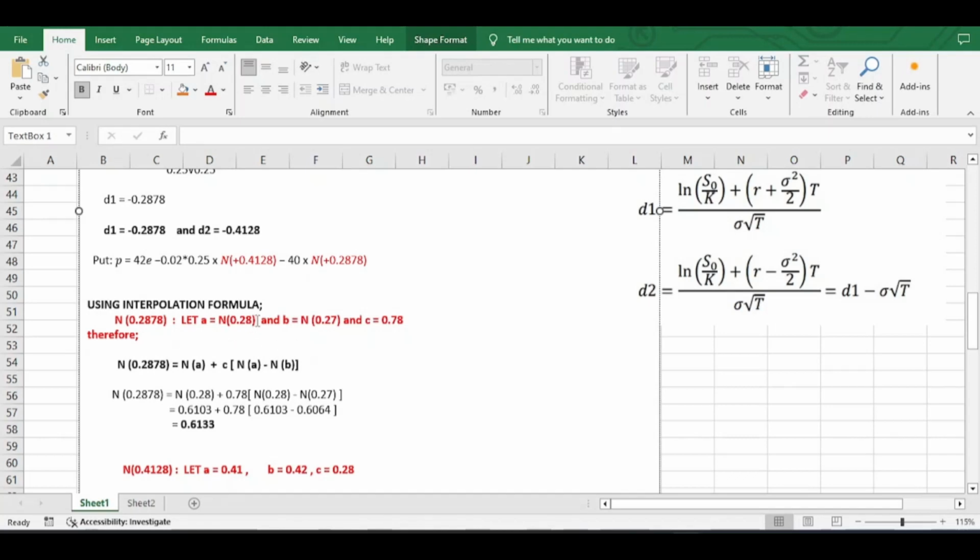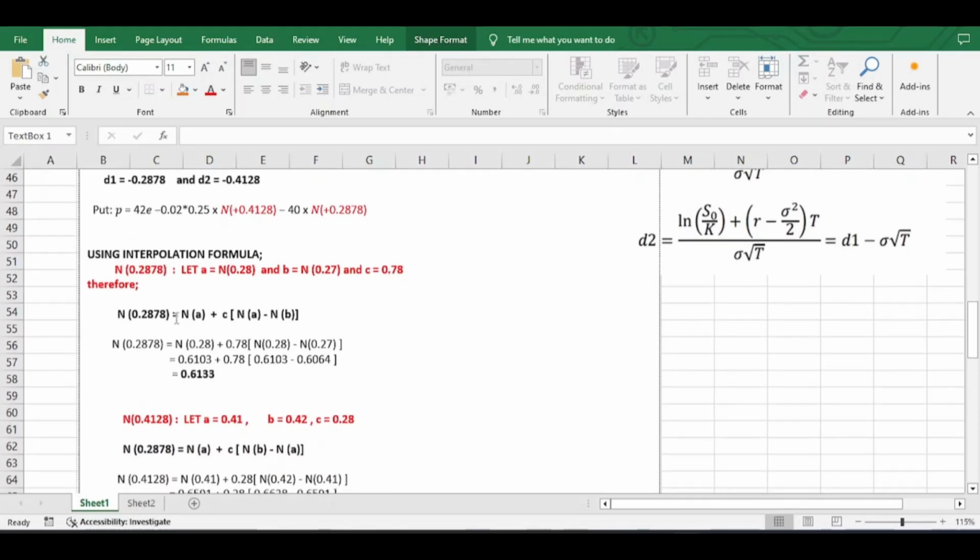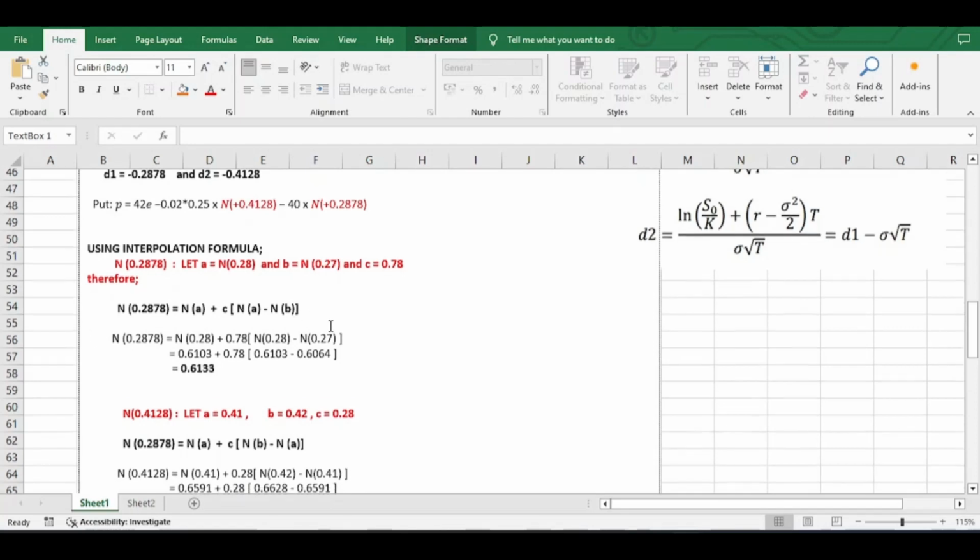In that case, A is the bigger number compared to B. And because the value of D is positive, we will use a positive sign in the formula. So your formula will become the normal distribution of A plus C, open the brackets, and the difference between the normal distribution of A minus the normal distribution of B.